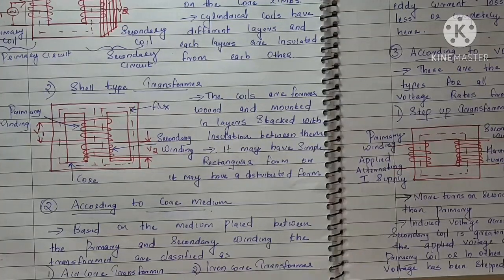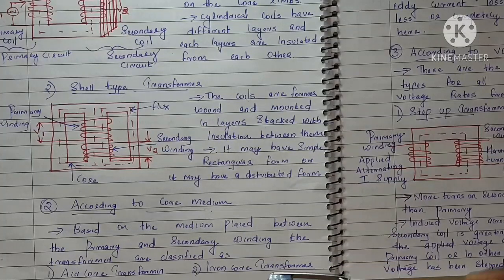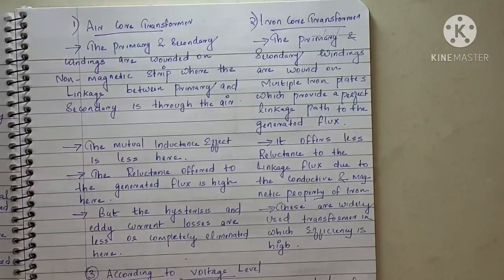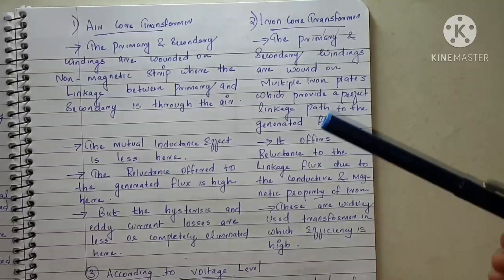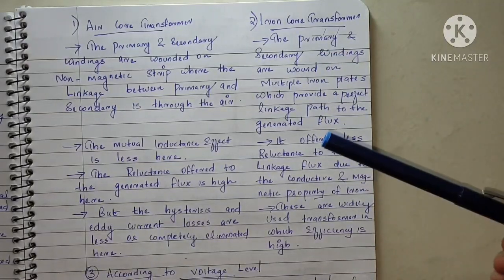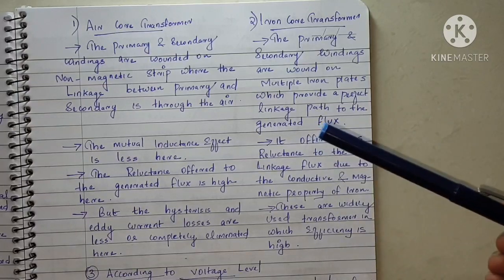The second classification of transformer is according to core medium. Based on the medium placed between the primary and secondary winding, transformers are classified as air core transformer and iron core transformer. In the air core transformer, the primary as well as secondary windings are wound on a non-magnetic strip.